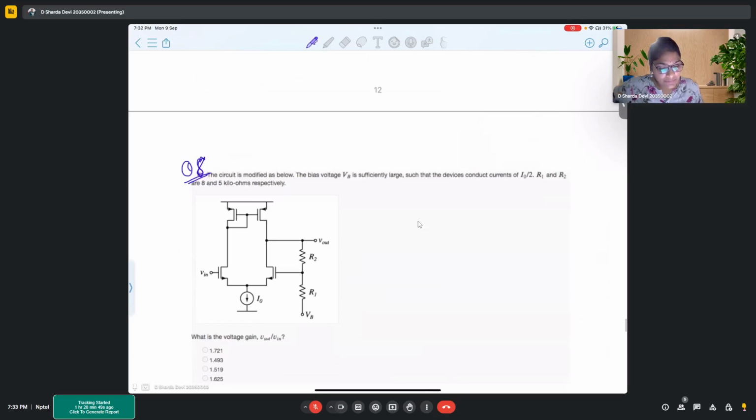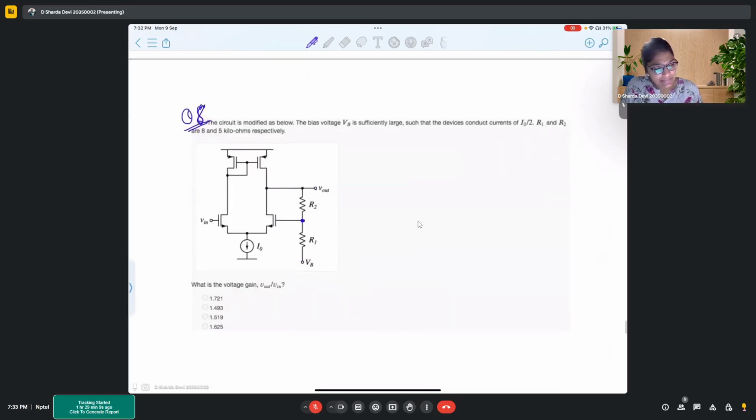So moving on to the next problem. The circuit is modified as below. Now here if you see, this input is dependent on this output. So this output and input have been related to one another, and VB being significantly large such that the device conducts current of I naught by 2.